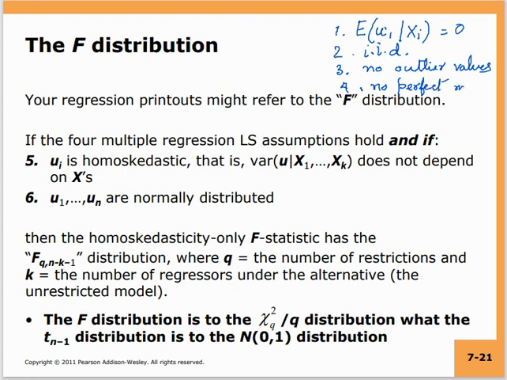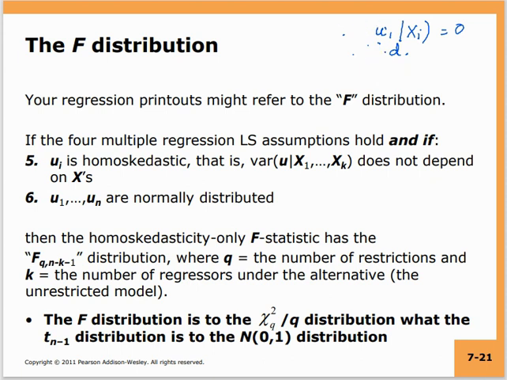Now we are adding two more assumptions, that u_i is homoscedastic and that the u's are normally distributed. Under these additional assumptions, the homoscedasticity-only F statistic has the F(q, n minus k minus 1) distribution.